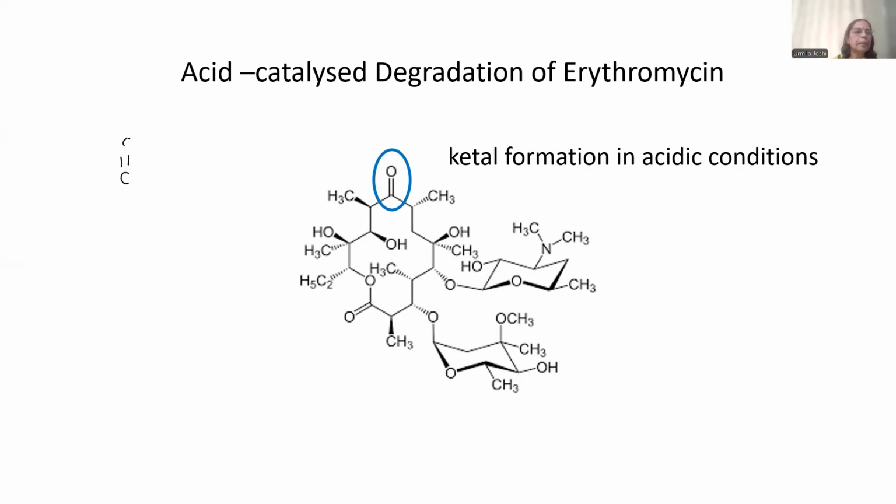This is C double bond O. There are two valencies. A ketal is this. So, ketal formation takes place in acidic conditions, and this ketal formation is detrimental for the molecule.